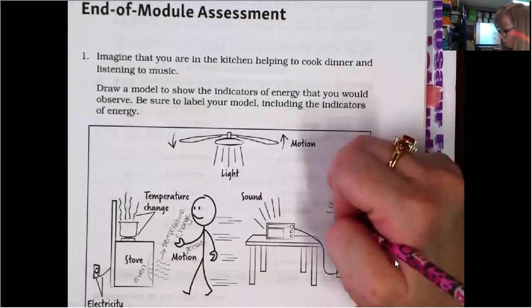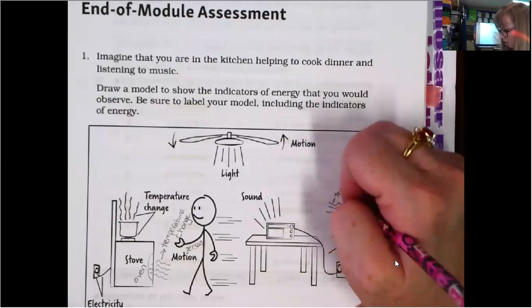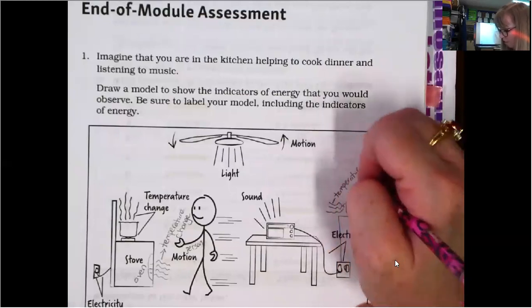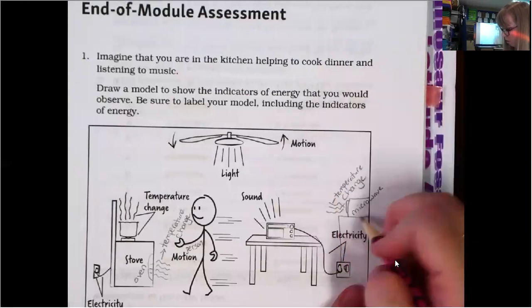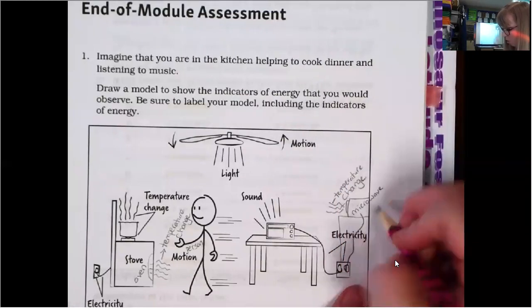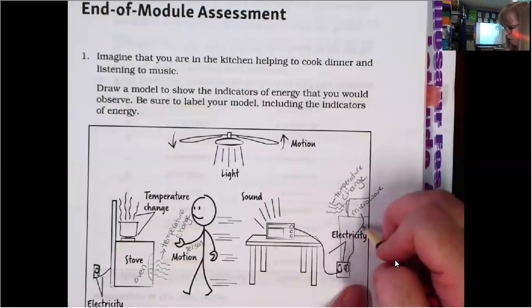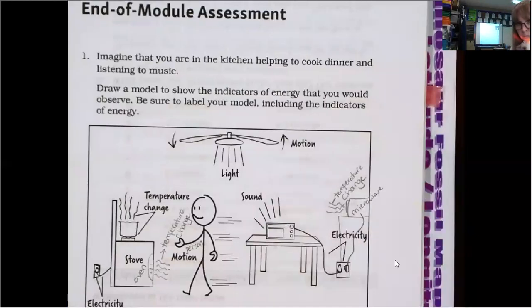And I would put temperature change, because inside there is a temperature change. And then I would have to draw another cord for electricity. Okay. That's a very minimal drawing.